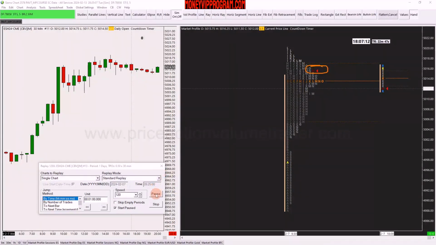Oh, let me pause this. You can see that now this is the opening of the next session in the evening, the next extended hours, but we're not going to be talking about this now. Okay, and you can see, for example, here, we left this edge right here, which would be represented by this. So this gap that we left here, it's the same as this gap that we have right over here.